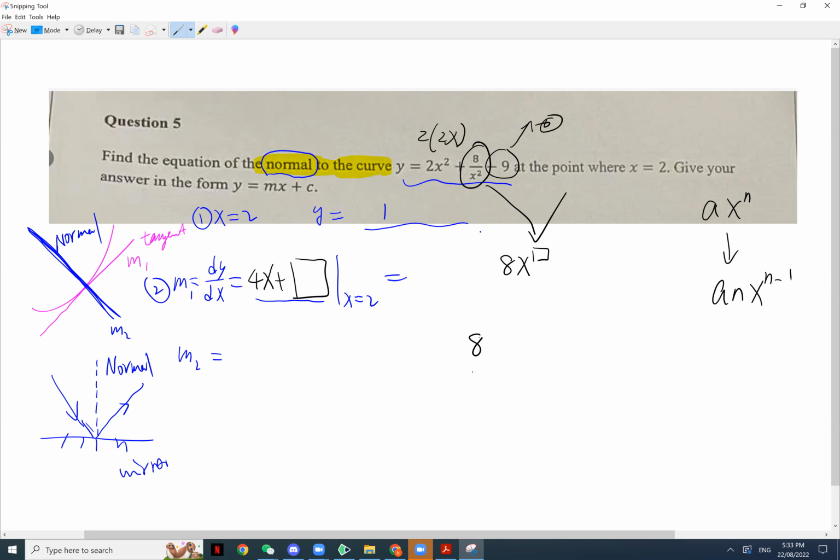This is 8 over x squared. You can write 8 x to the power of minus 2. If you differentiate, it's 8 times minus 2 x to the power of minus 3. Wow, they give students this question. -16x^-3. Oh, that's weird. Why do they give this question?